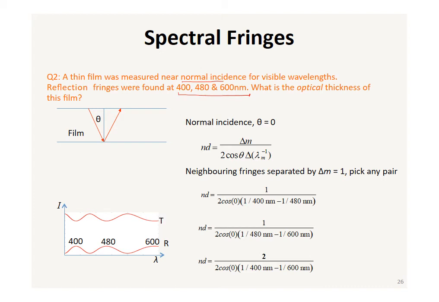So your task then is to find the optical thickness of the film, and you'll do that by considering either these pairs where delta m is equal to 1, or if you want to, you can also try this pair here where delta m is equal to 2.